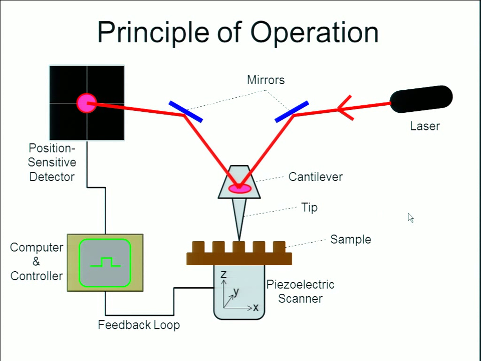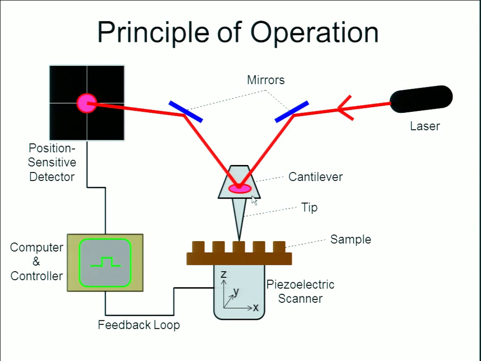So here's the basic principle of operation. These are the primary components we need. This happens to be an optical beam bounce type of technique for detecting the data. If you look here, this is a front view of our cantilever with a sharpened tip below.